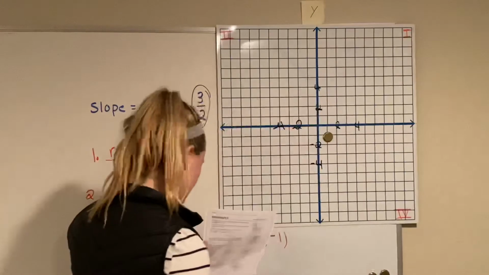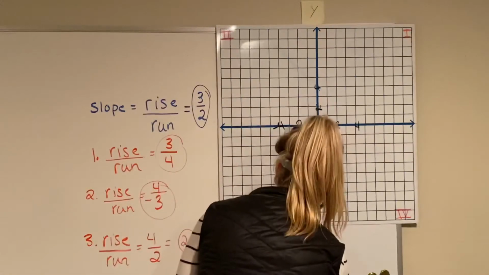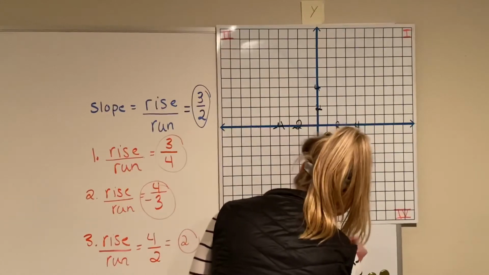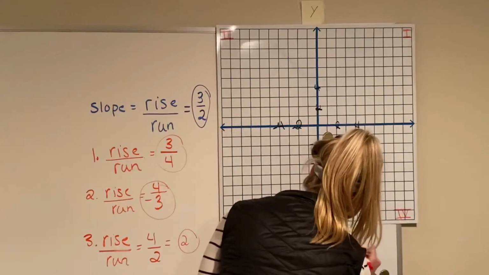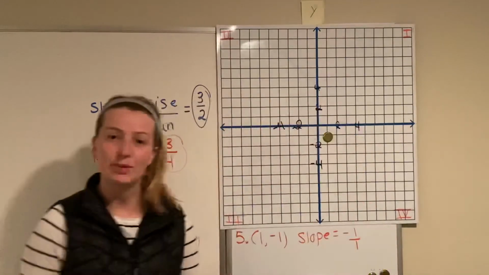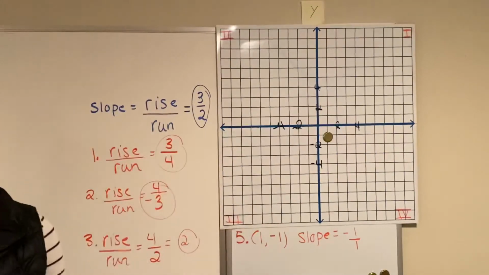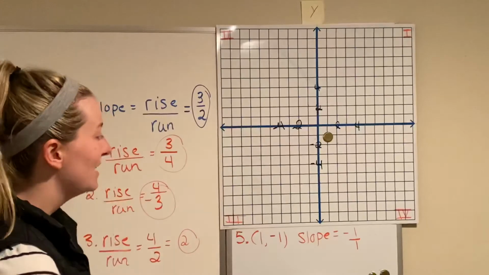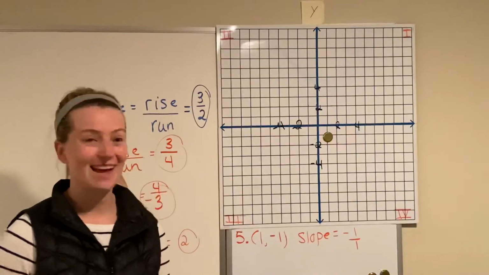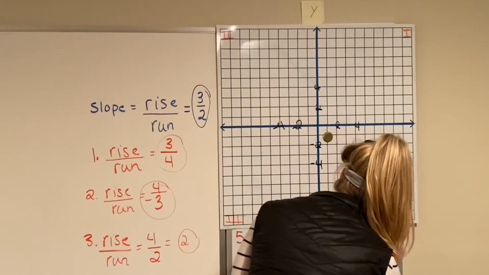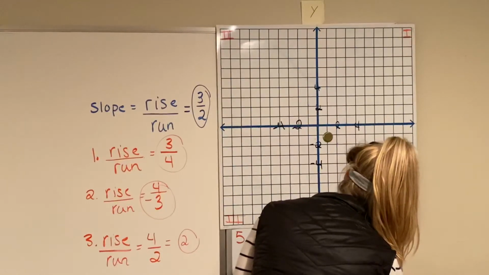Okay, and then they tell us our slope is equal to negative 1. We know it has to be a fraction, that if it's negative 1, that really means it's negative 1 over 1. But because our slope was originally negative 1, that means our rise is negative 1 and our run is positive 1.